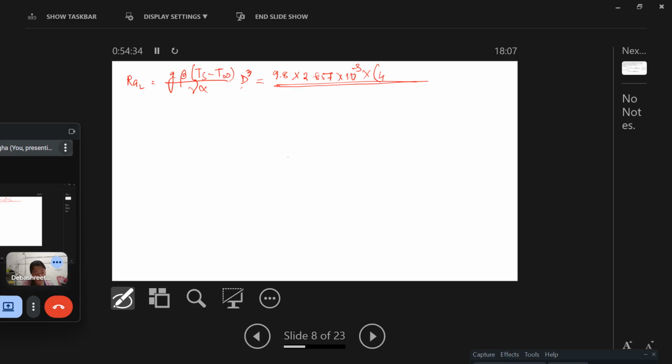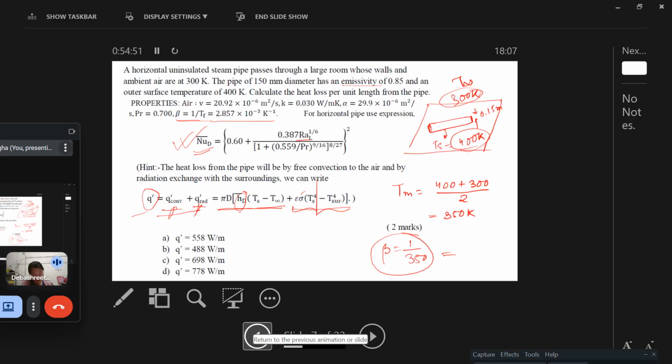Ts is 400, T infinity is 300, into D, the diameter was given as 150 millimeter, so 0.15 meter, divided by nu into alpha. Nu and alpha are given as: nu is 20.92 into 10 to the power minus 6, and alpha is 29.9 into 10 to the power minus 6.